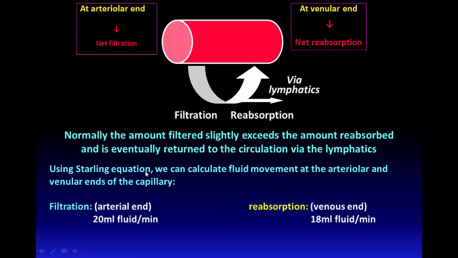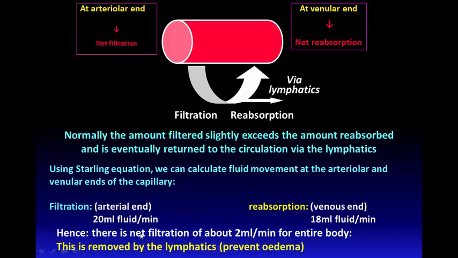Using Starling's equation, we can calculate fluid movement at the arteriolar and the venular ends of the capillary. The net filtration rate at the arteriolar or arterial end of the capillary is approximately 20 milliliters of fluid per minute, and the net reabsorption rate at the venous or venular end of the capillary is 18 milliliters of fluid per minute.